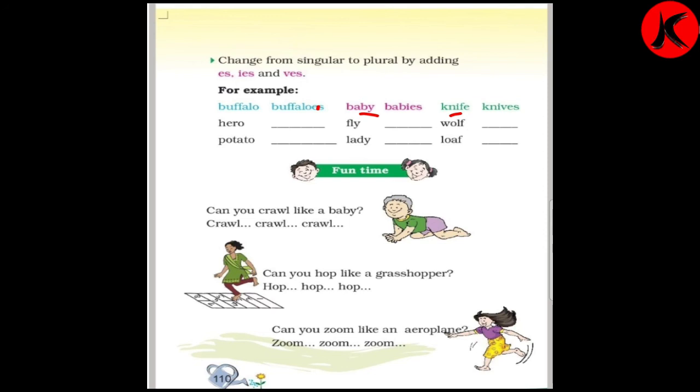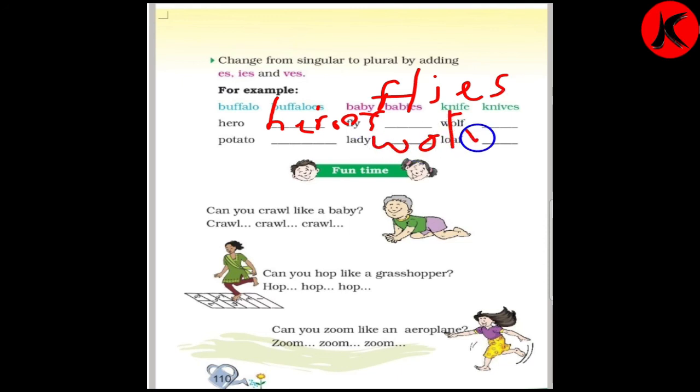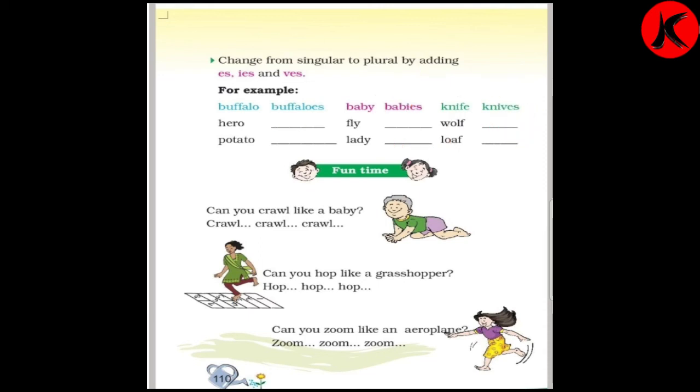Hero. So what will we write? Heroes, heroes. Then fly. So flies, flies. Wolves. So wolves, wolf. Then potatoes. So potatoes, potatoes.